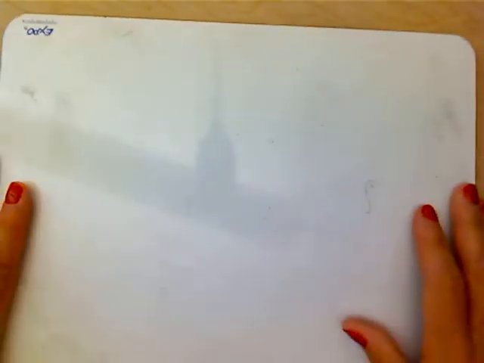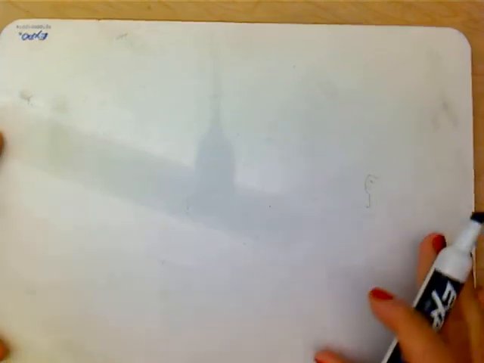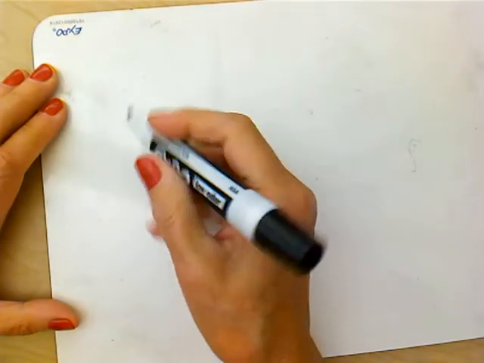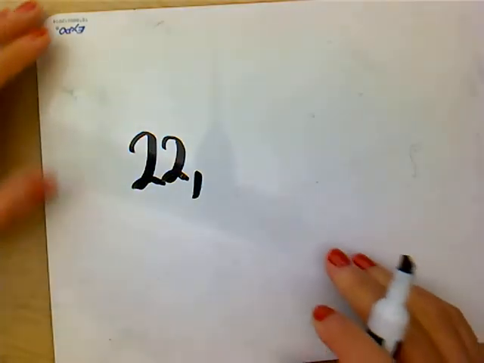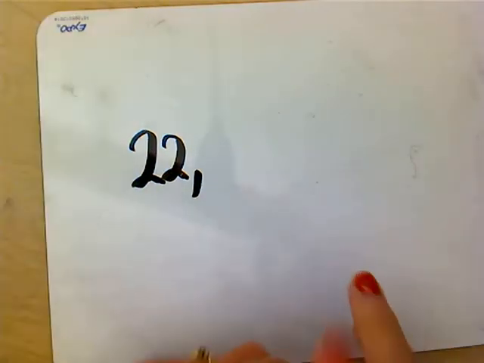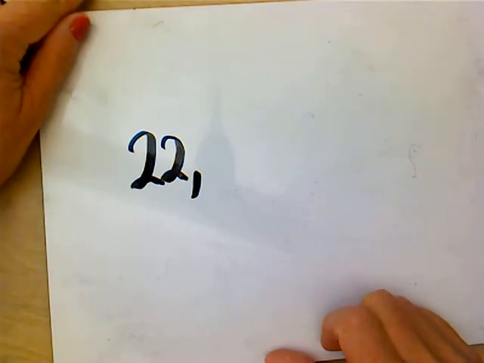So let's go ahead and get started with the things that we're going to be doing today. Let's start by doing a happy counting, and I'm going to do this a little bit different for you today. We are going to start at 22, and we are going to count up by ones.